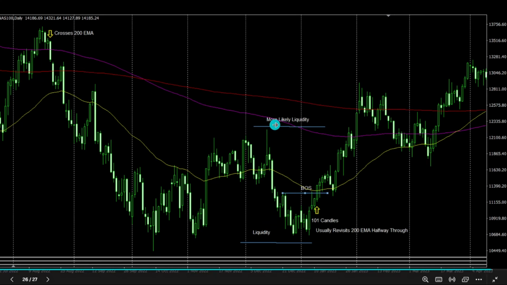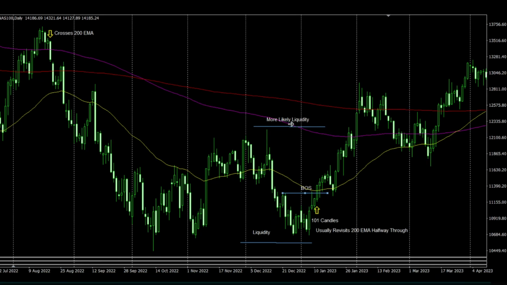And this is where people can make a mistake in terms of ICT concepts. Which area of liquidity is the one price will be heading towards? But if we look at the 200 period moving average, we can see that price has continued a long direction away from the 200 period moving average.